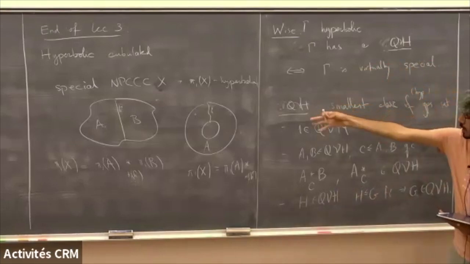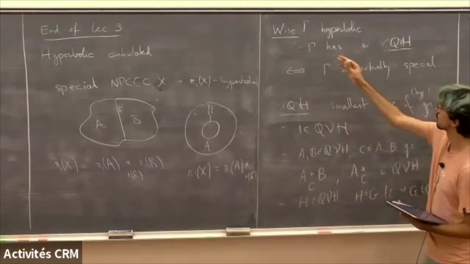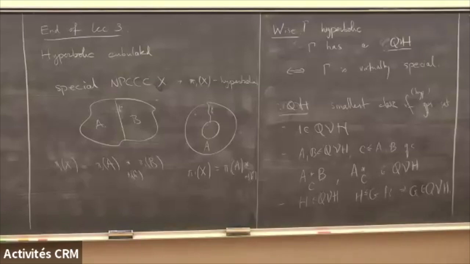One direction is what I explained. It's maybe easy from the definition, but the really amazing work of Wise shows that if you have such a hierarchy, then you're virtually special. And based on this, we have the following amazing result of Agol.